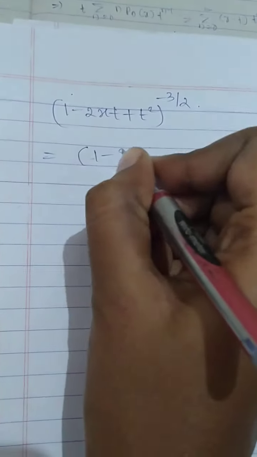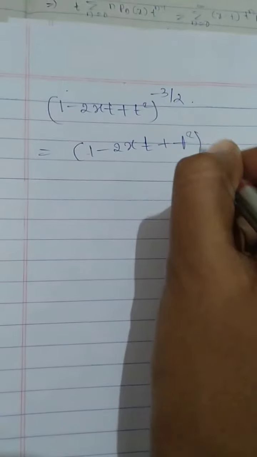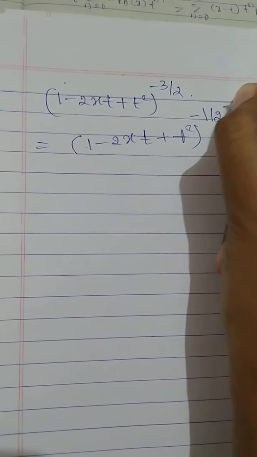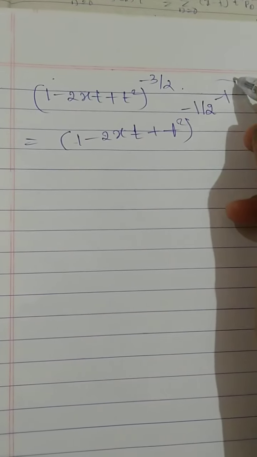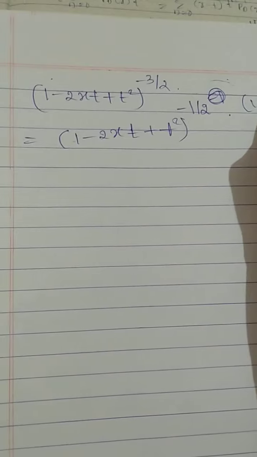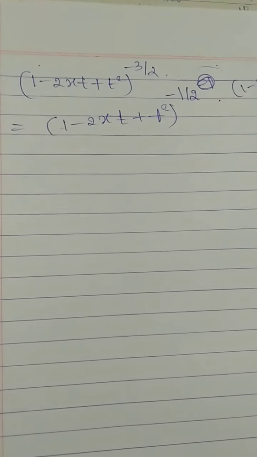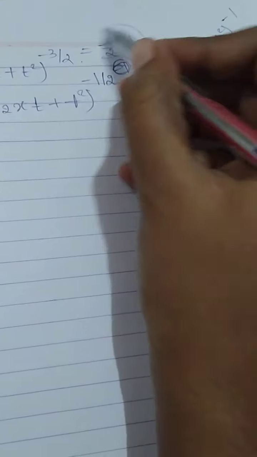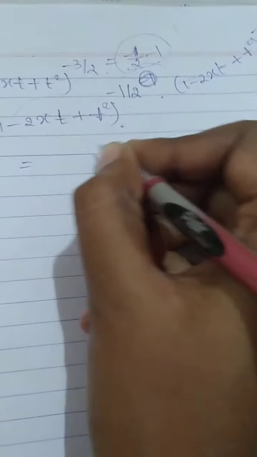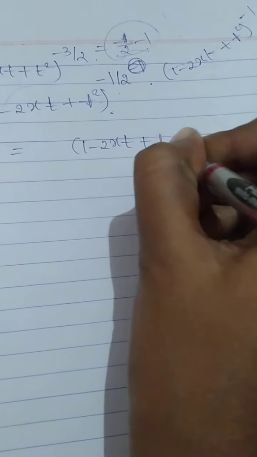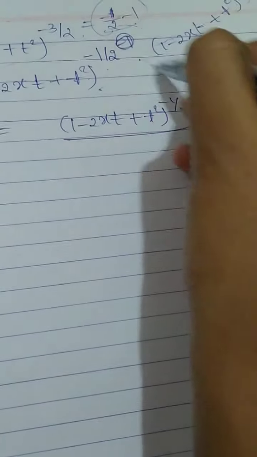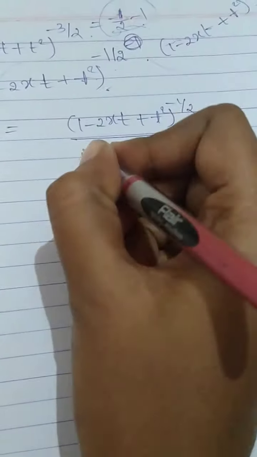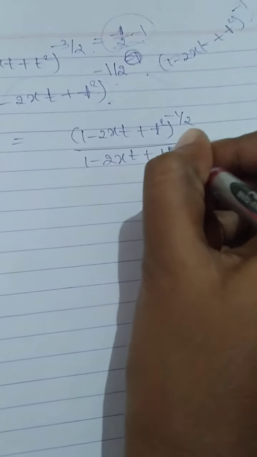So I can write this as 1 minus 2xt plus t square to the power minus 1 by 2 minus 1, isn't it? So this power of minus 1 I will write as into 1 minus 2xt plus t square to the power minus 1. This minus 3 by 2 I have written as minus 1 by 2 minus 1. Now I have written both separately: minus 1 by 2 to the power 1 and minus 1 to the power 1. So this becomes 1 minus 2xt plus t square to the power minus half divided by 1 minus 2xt plus t square, with the denominator and the value becoming plus 1.